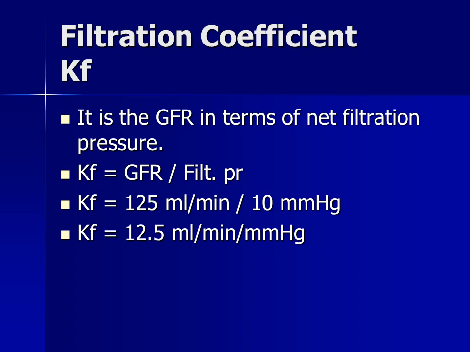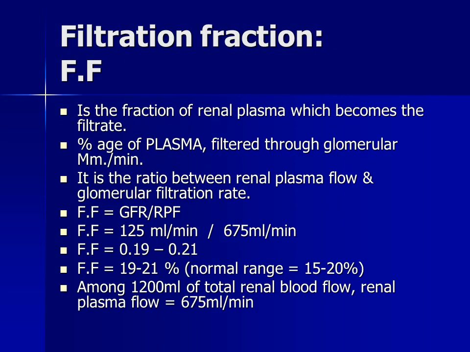This capillary filtration coefficient is actually a product of the permeability and the surface area of the capillaries, and mathematically you can derive it as GFR divided by the filtration pressure. In the case of the glomerular capillaries, the filtration coefficient is very high, about 12.5 milliliters per minute per millimeter of mercury, and this allows for a high glomerular filtration rate.